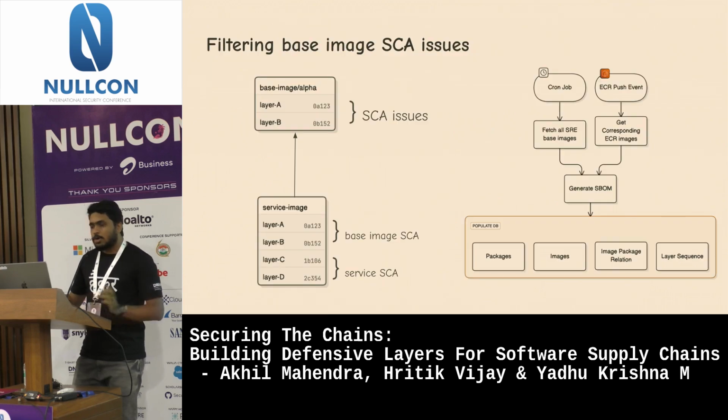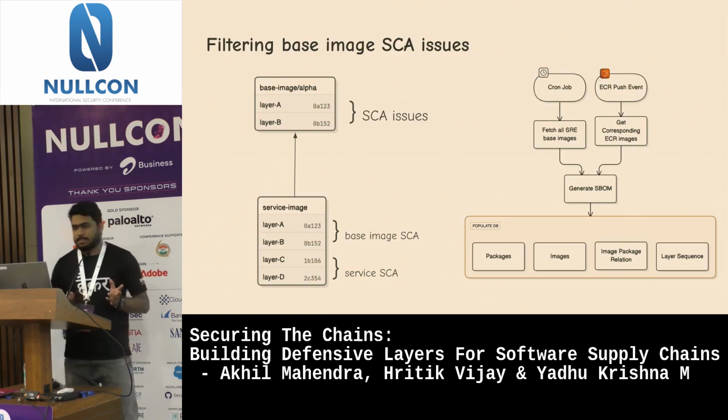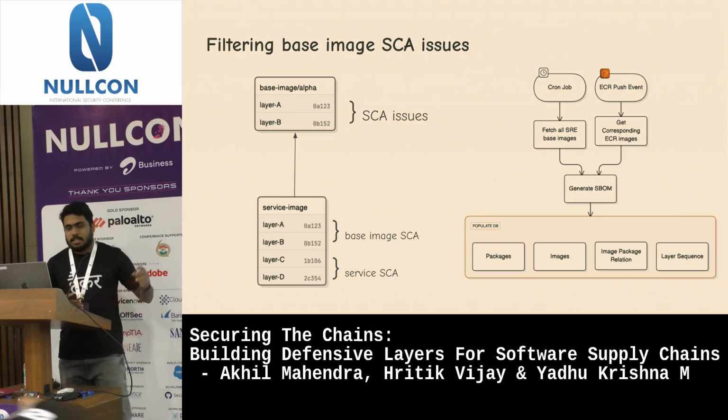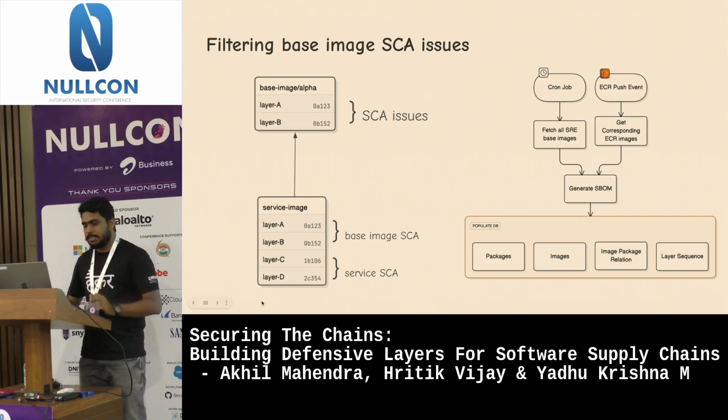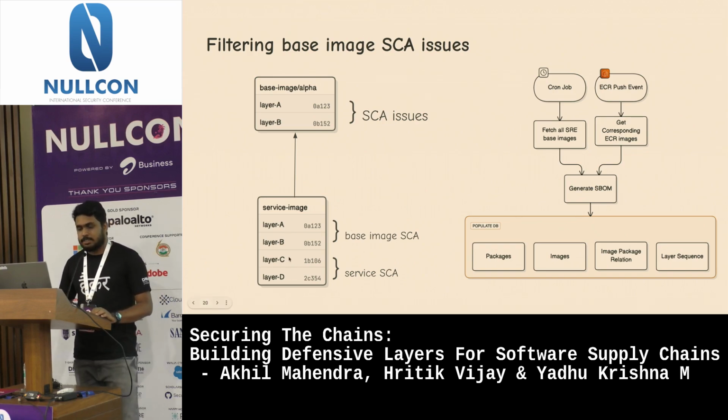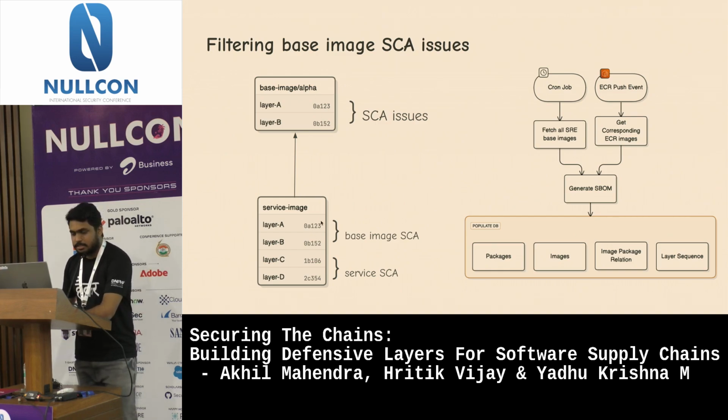Yes. So how did we solve for that? Let's take this example. There is a service image and it has 4 layers. A Docker image consists of multiple layers. And if you can see, this is using some base image, and you can see the hashes also, right?